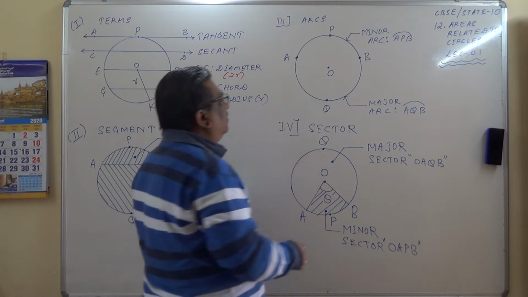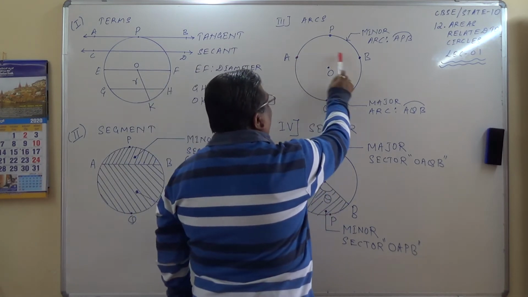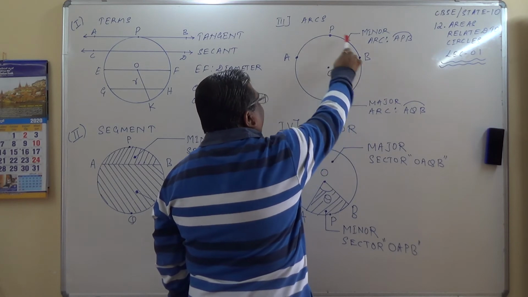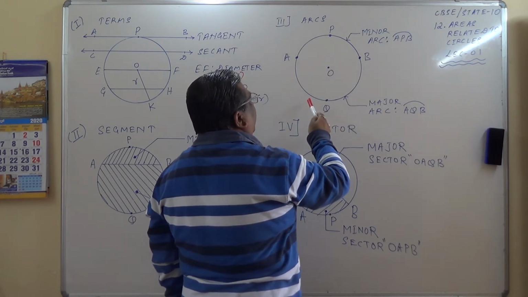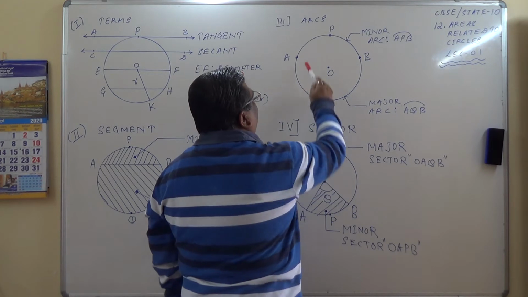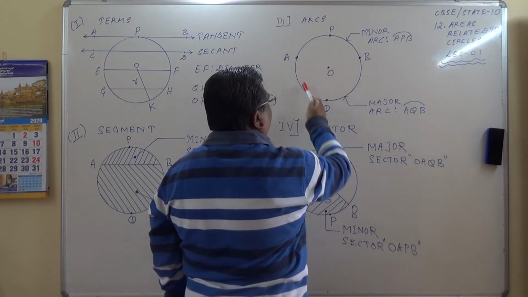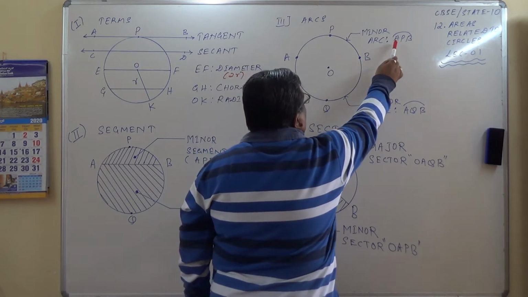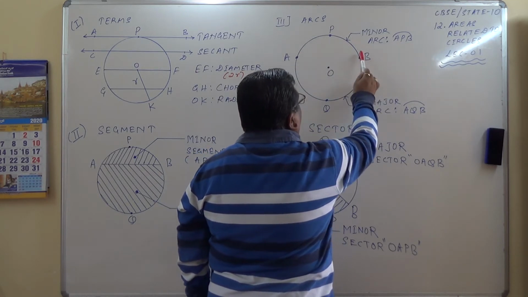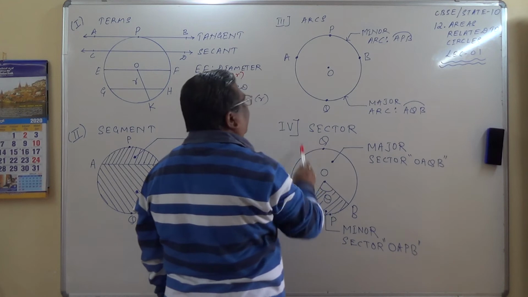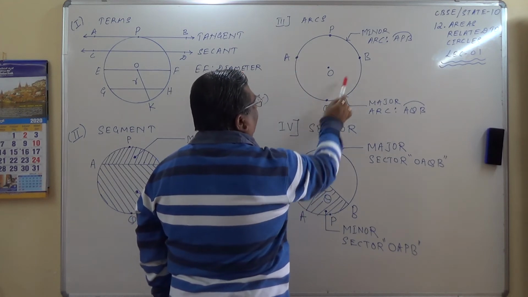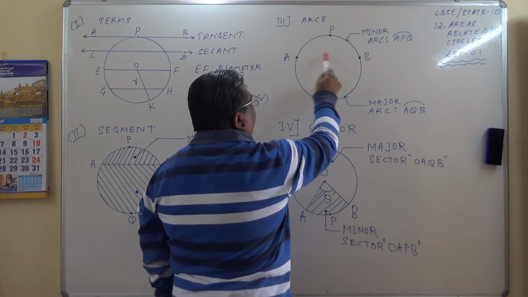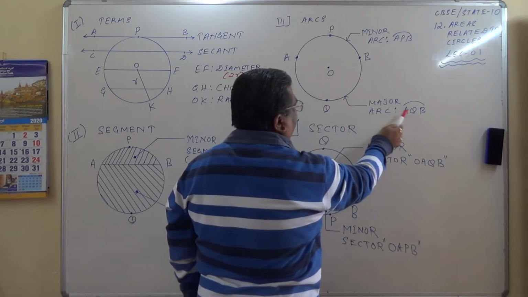Coming to the arcs here, if you take any 2 points on the circle, the 2 points will divide the entire circumference of the circle into 2 parts. One could be a smaller part and one could be a bigger part. The smaller part represented by arc length APB is called the minor arc. Similarly, AQB, this part of the circle from A to B, is called the major arc.